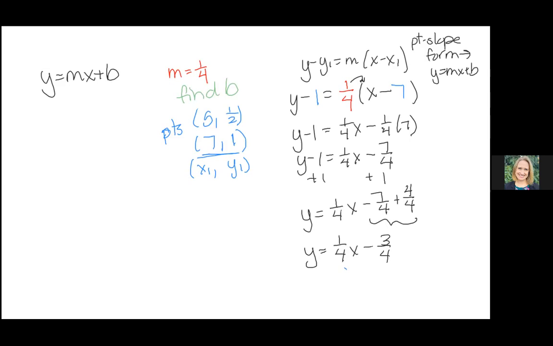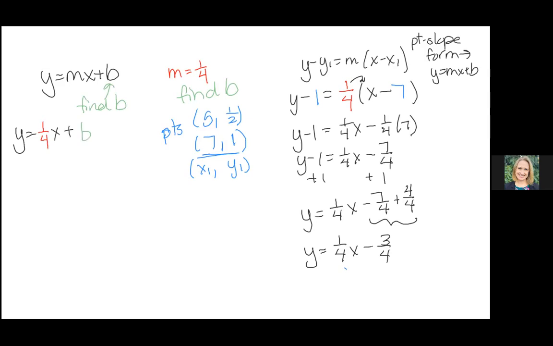Another way to do that is using our slope intercept form, but again, now we're going to find b. So we can literally write y equals, and I'll try to color code it again, 1/4 x plus, and then now we're looking for b.